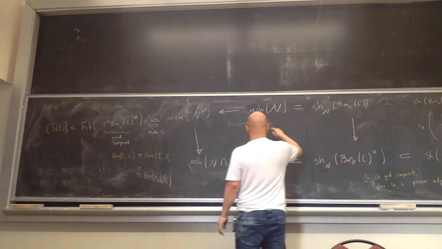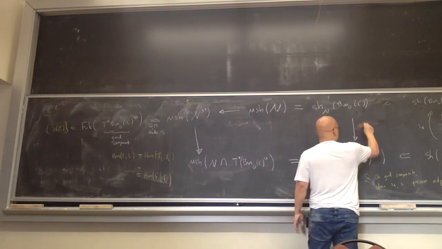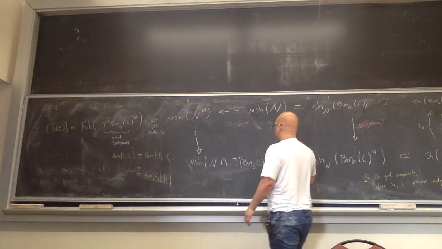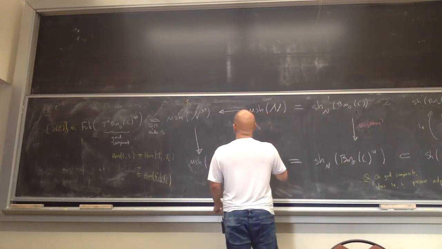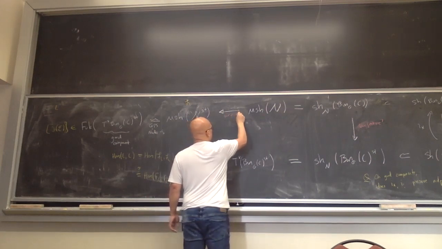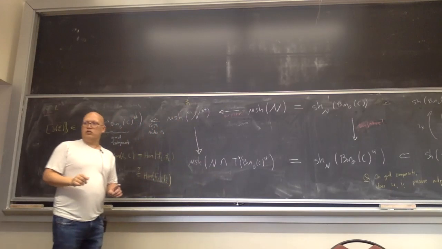That map's surjective. But I don't know. This is another question. Is this map surjective? That's one question. And a related question is, is this map surjective? And I don't know the answer to either of those questions.